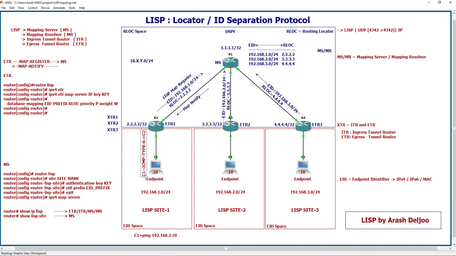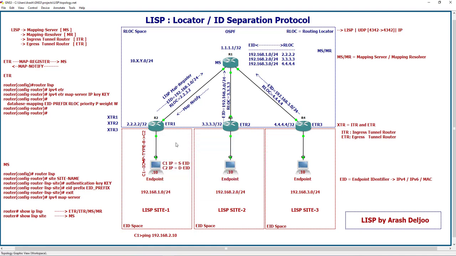Let me mention here: this is the IP address of C1, the source EID, source endpoint identifier. C2's IP is the destination EID, okay? This packet is now given to router 2.